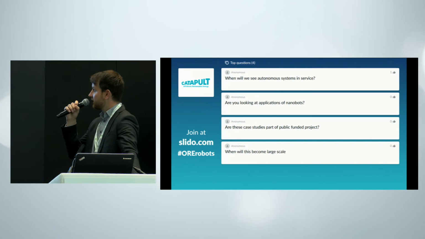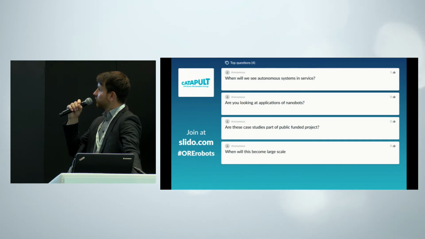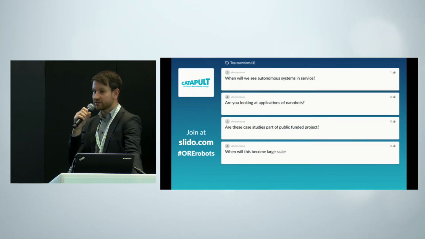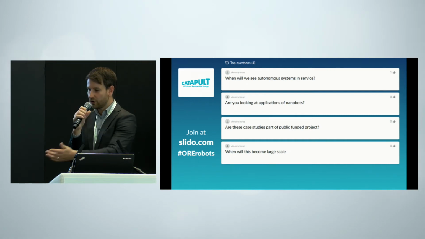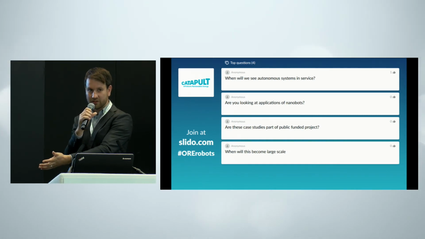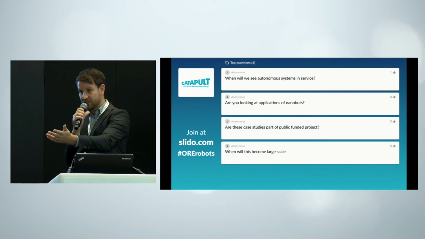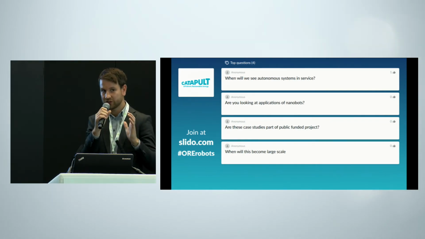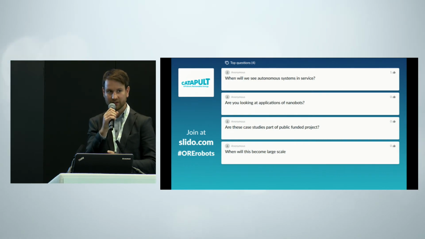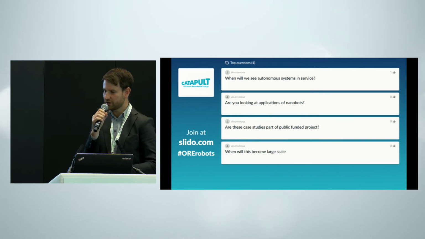When will we see autonomous systems in service? So already we're seeing these types of systems, UAVs. I'm aware of companies like Siemens Gamesa and others who are really trying to push towards using automation and reduce the cost of manual service.